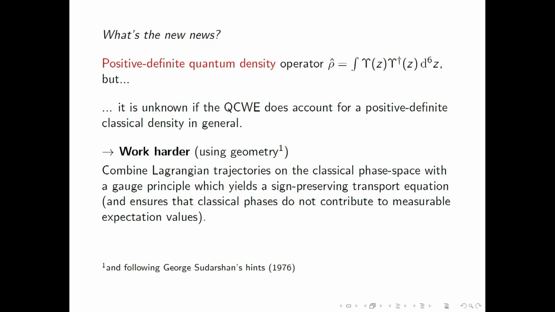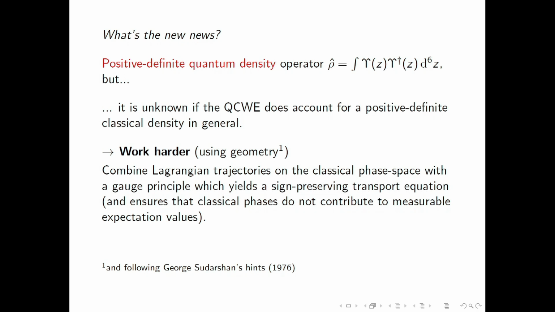So what was the new news, and why is it not enough to end here? On the one hand side, and this is an important result, we can see that we obtain a positive definite quantum density operator, which is given as this.